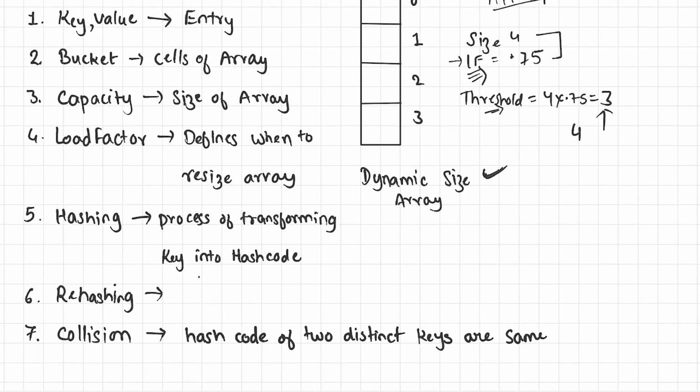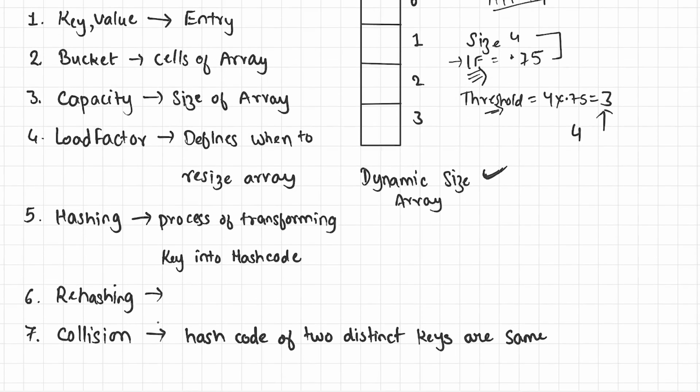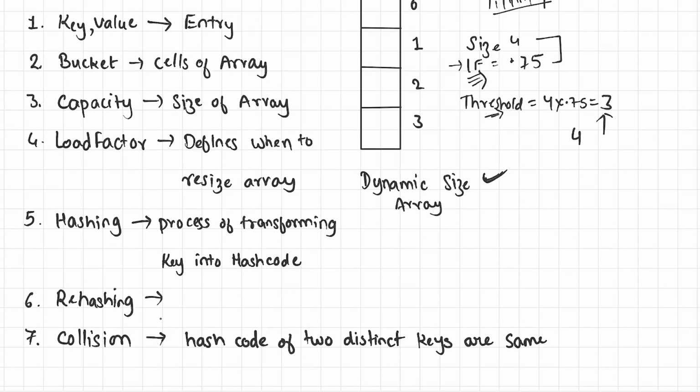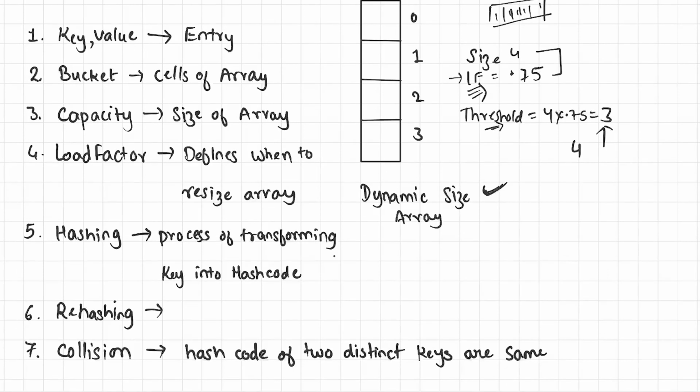Now the next terminology is collision. This is really interesting to understand. Sometimes you have two key value pairs, and unfortunately both of them generate the same hash code. Whenever this happens, this phenomenon is called collision.